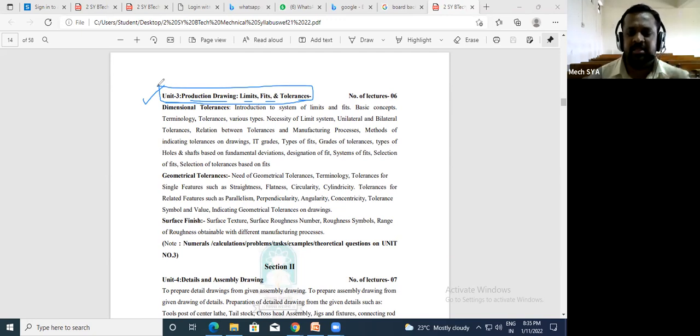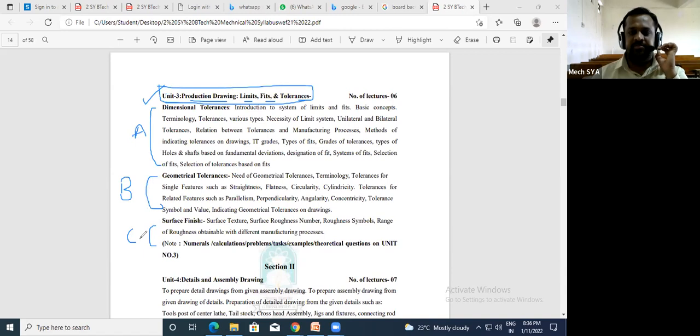The chapter is classified into parts: this is the A part, then the B part, then the C part. In the A portion it consists of dimension tolerances, which means only limit, fit and tolerances.